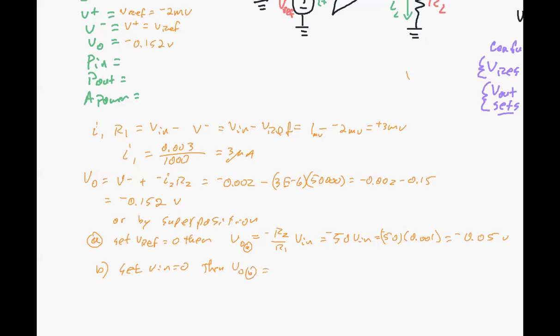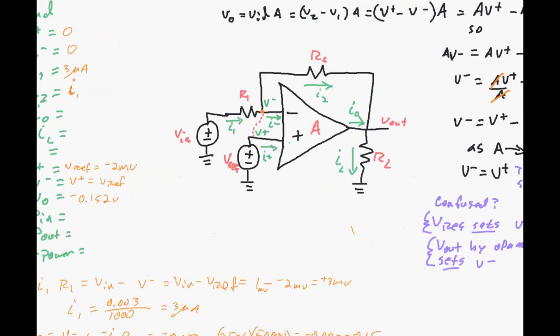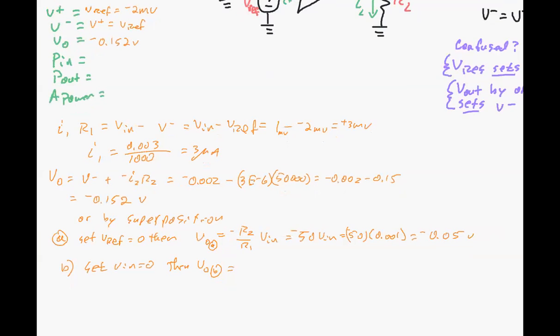Now if we set ground here and apply a voltage on that input, then we've got nothing but the non-inverting configuration. So if you can't see that, then just think about it for a minute. Then that's 1 plus R2 over R1 times Vref.